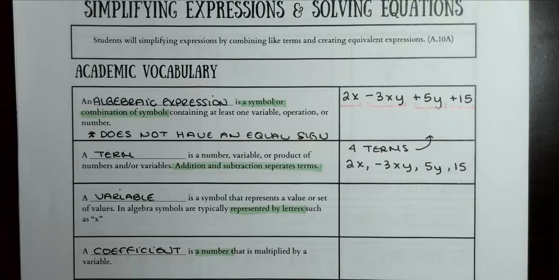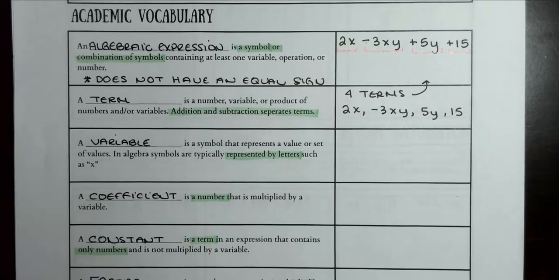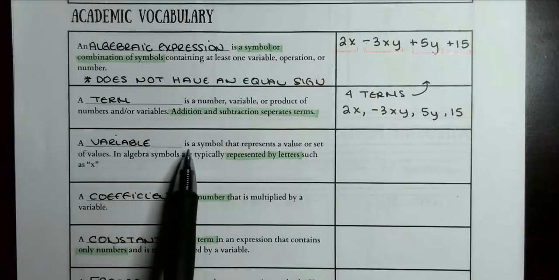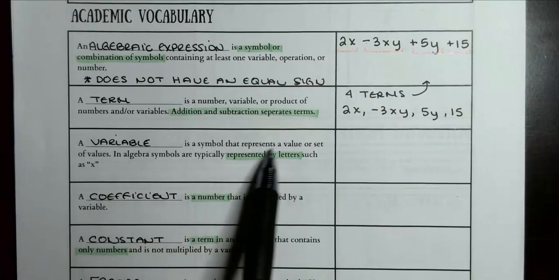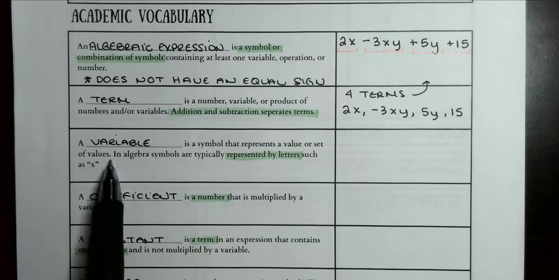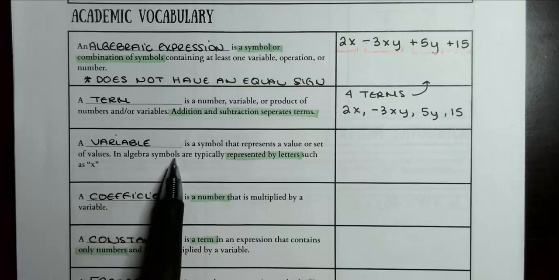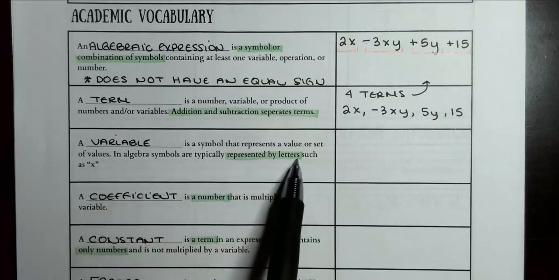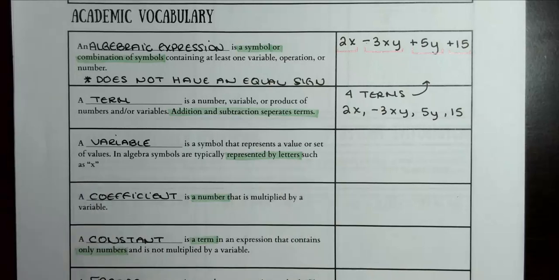All right, the next one we're going to talk about, I'm going to move this up, is variable. A variable is a symbol that represents a value or a set of values. In algebra, variables are typically represented by letters such as X. So this is the letter that we use in an expression or an equation.